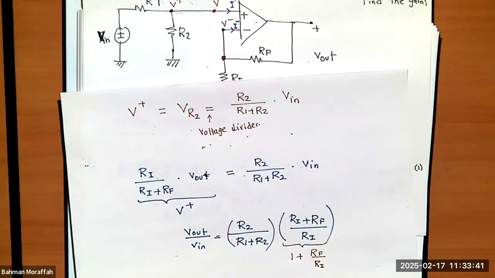And apply the constraints that we have due to the op-amp being ideal, and then solve for the output, or find a gain. So whenever you're given a circuit with an op-amp in it, the first thing you check is whether the circuit has an ideal op-amp or not. If it has an ideal op-amp in it, you're going to apply the golden rule, and the rest is just writing KVLs and KCLs.